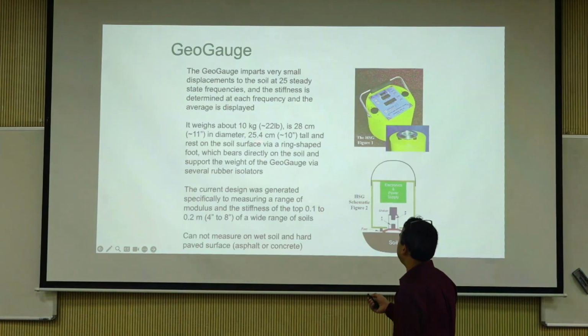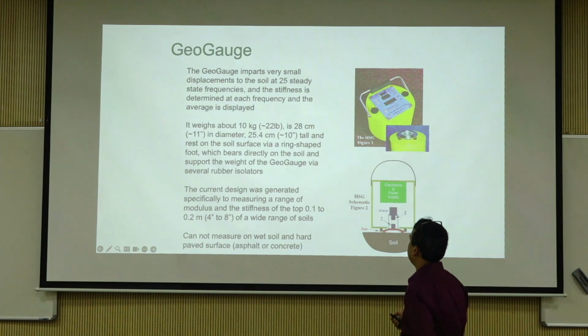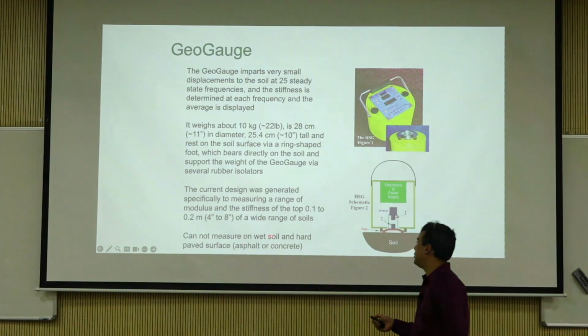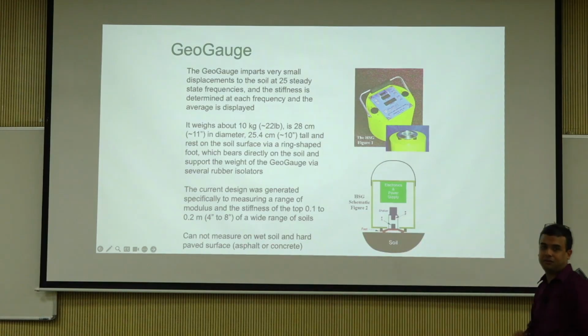There's a 10 kg weight, and it applies different frequencies, and then it just measures your modulus and stiffness. It measures the modulus of the top 0.1 to 0.2 meter, like 4 inches to 8 inches, of a wide range of soils. It cannot measure on wet soil and hard paved surfaces. So not at all on a stabilized base or something.